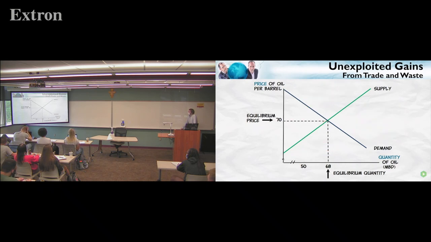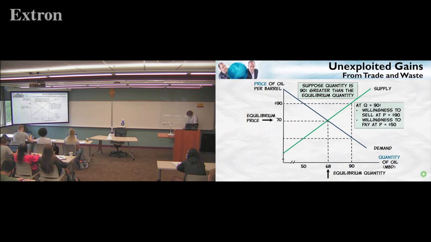Okay, in a free market, could the quantity bought and sold be greater than the equilibrium quantity? Well, not for any significant period of time. Imagine, for example, that 90 million barrels of oil were being bought and sold. Well, for this last barrel of oil, the suppliers are willing to sell that barrel of oil for $90. That's their cost.